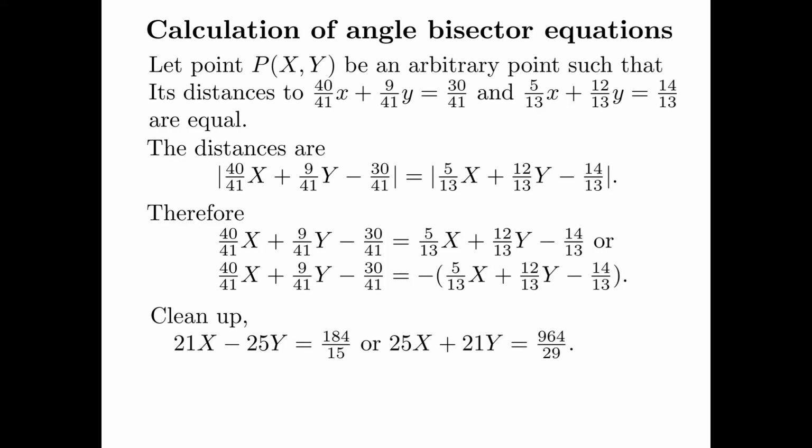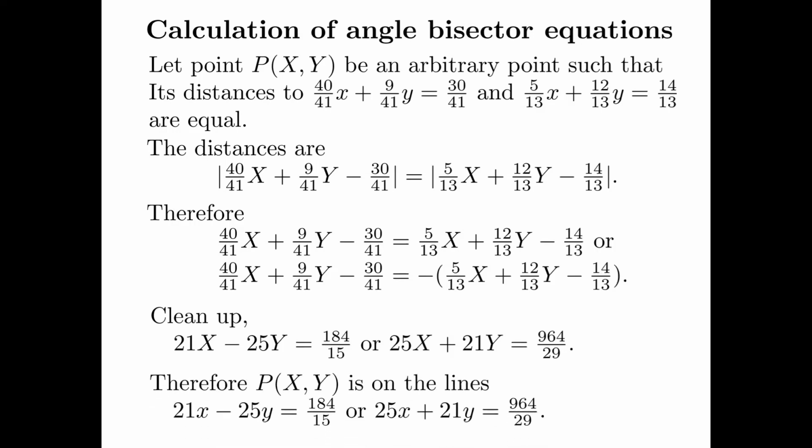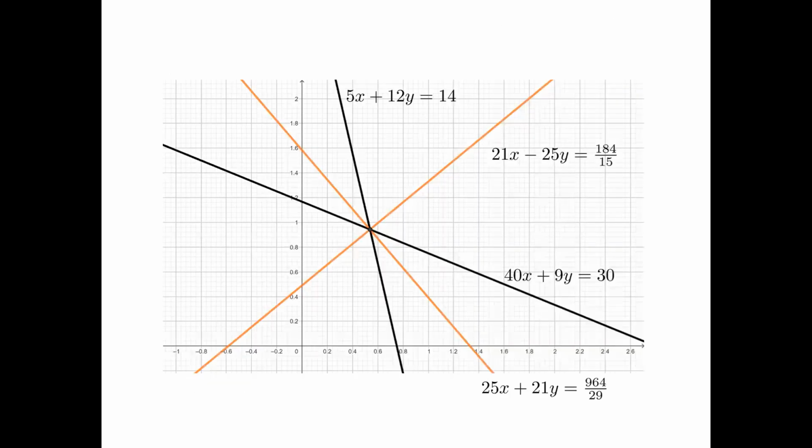This is actually the difference of the two equations, and the other one is the sum of the two equations. We already saw 25x plus 21y equals another fraction. And these are the two lines.